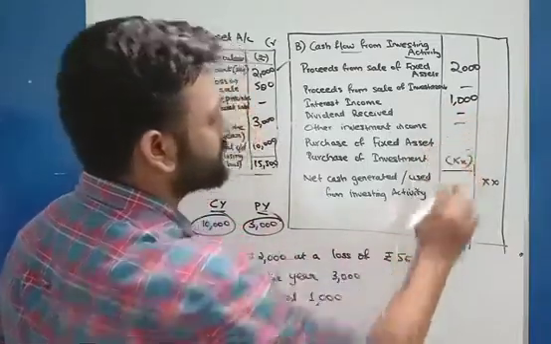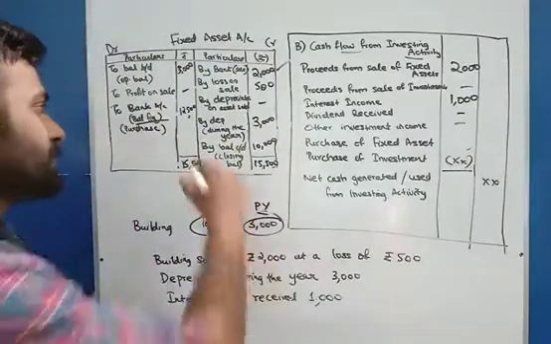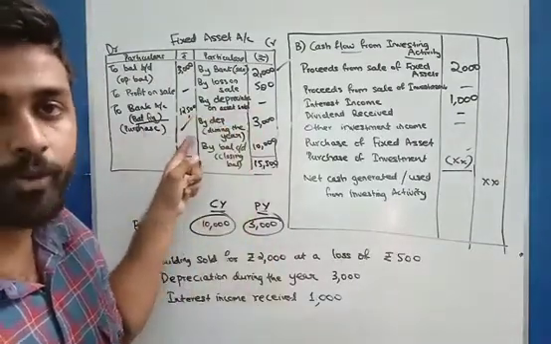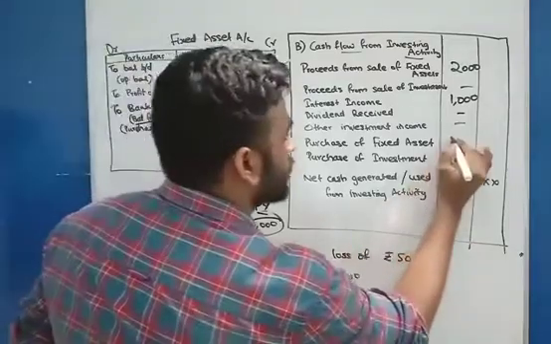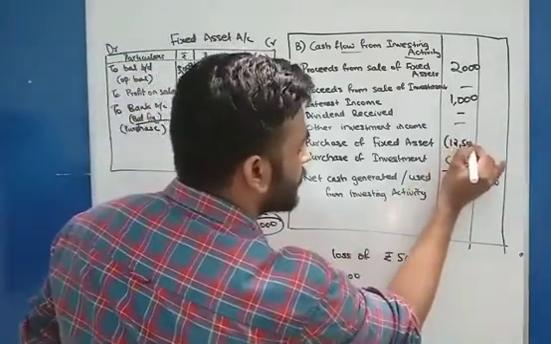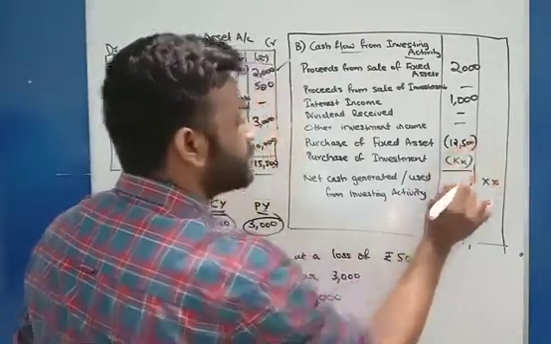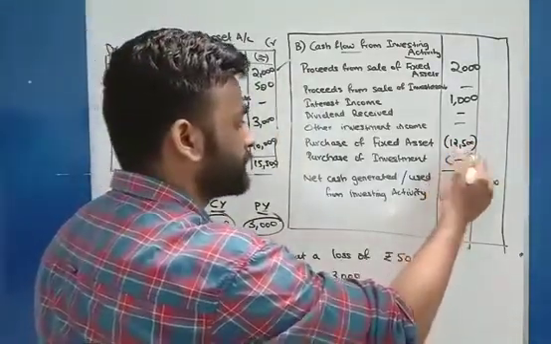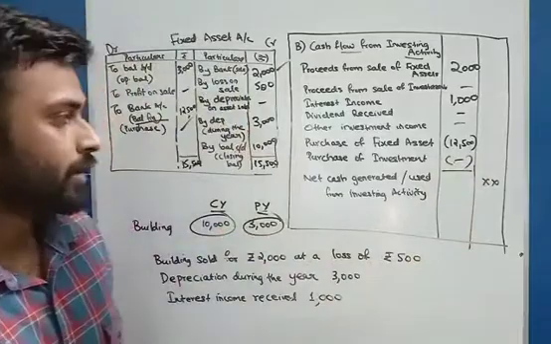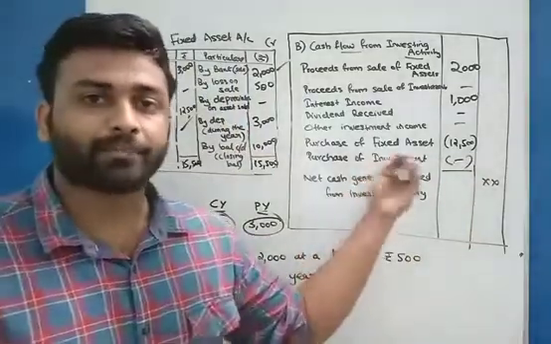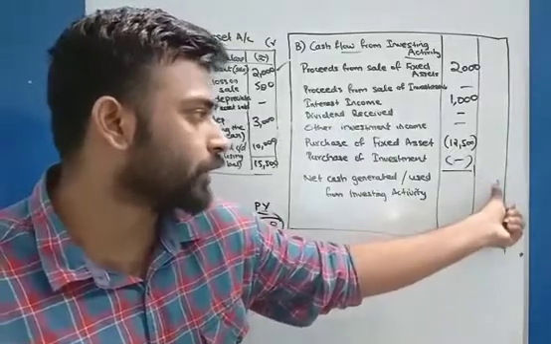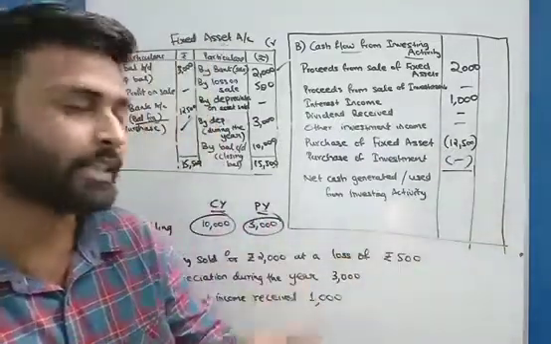And there is purchase of fixed asset. What is its value? The 'to bank' figure, that means cash outflow of 12,500. Outflow means negative. There is no purchase of investment. So we can find the net cash flow generated or used in investing activity.